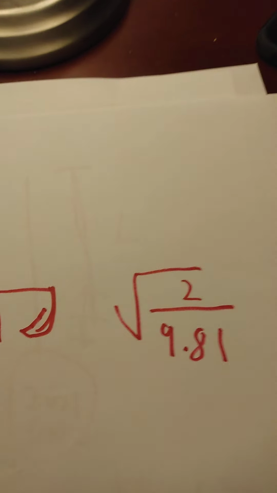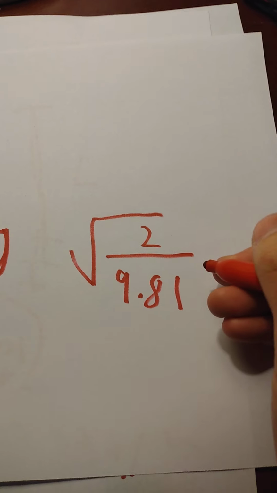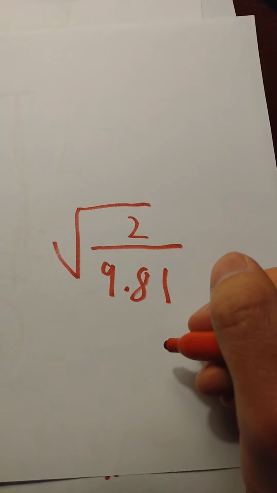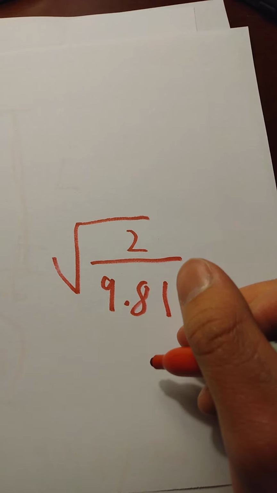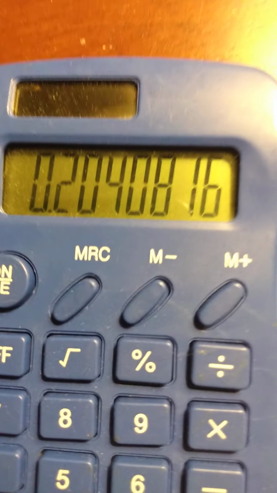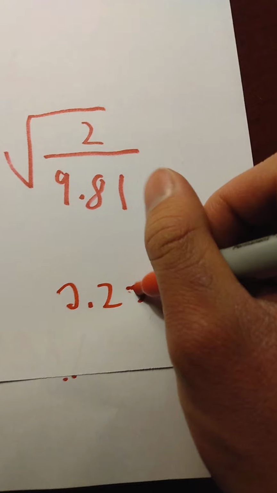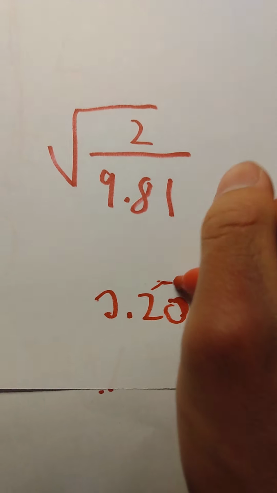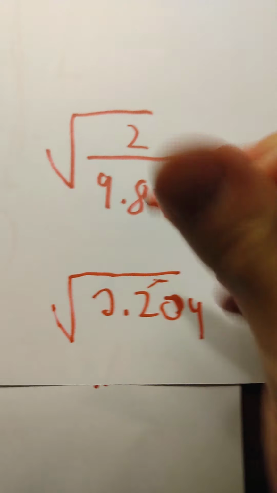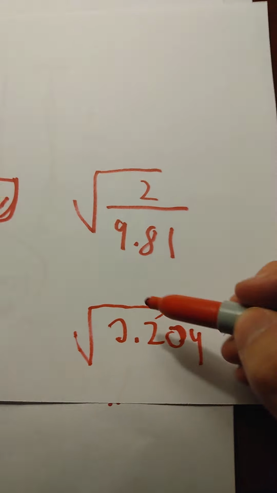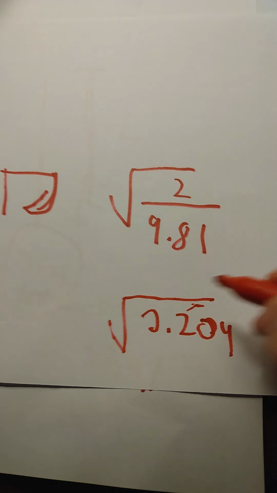Oh, and you can use a calculator for this. If you do 2 divided by 9.81, you'll find a decimal, 0.204. But we're not done yet with this step because we still have the square root to deal with.